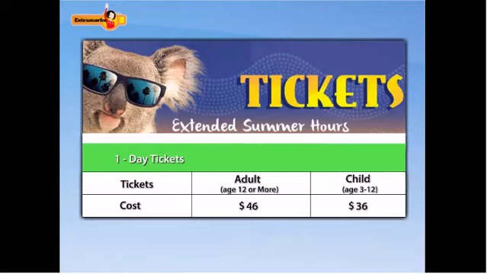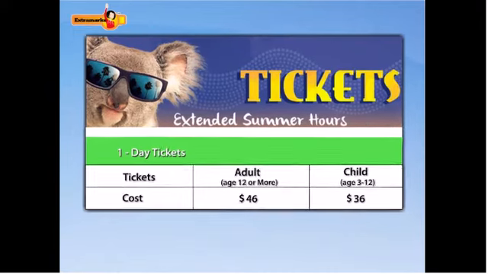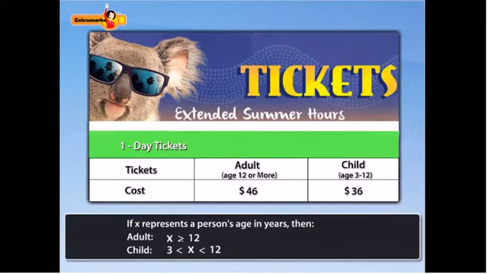We can write a pair of inequalities to describe the conditions that determine whether a person is considered an adult or a child. If X represents a person's age in years, then a person is considered an adult if X is greater than or equal to 12, and a child if X is greater than 3 but less than 12.